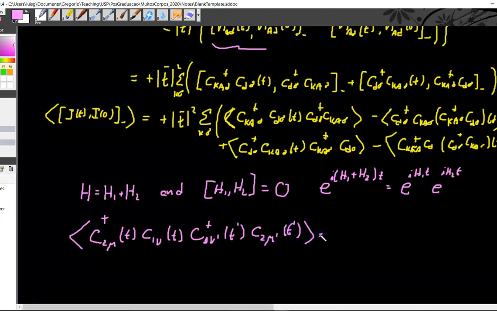I can factor this as C2 mu at time t, this guy, times C2 mu prime at time t prime. Then, so this is C1 nu at time t. There is a dagger here, C1 nu dagger at time t prime.